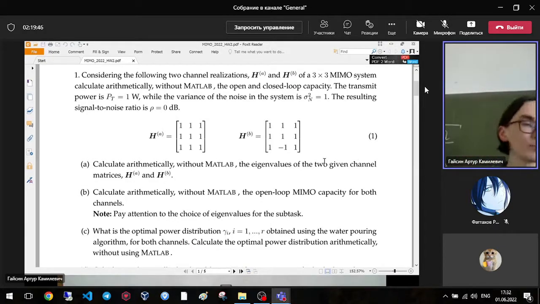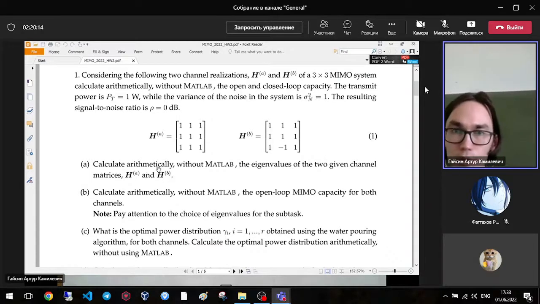So in this case, as in the example of task 1, you should calculate it arithmetically, so without MATLAB. You can do it maybe on white paper, and then take a photo or a scan and add it in the PDF as a photo, for example.